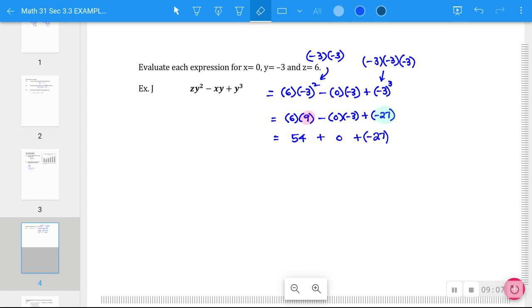And finally, let's do this off to the side here. 54 take away 27 is 27. So the final answer is 27.